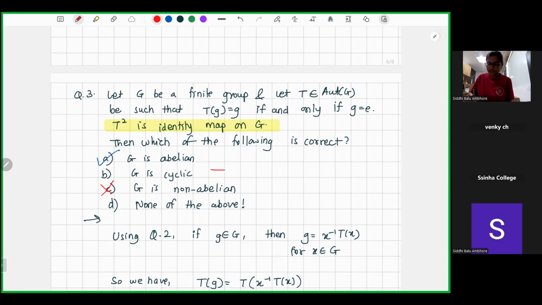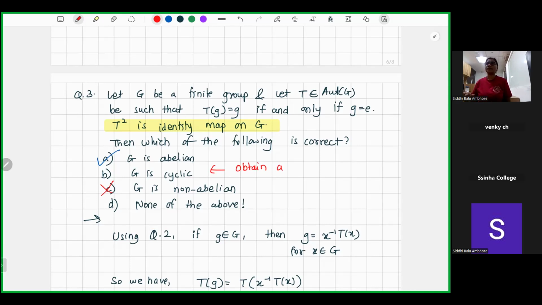Okay, so this I'm leaving as an exercise. Obtain some non-cyclic group G such that G has all these properties, but G is not cyclic.